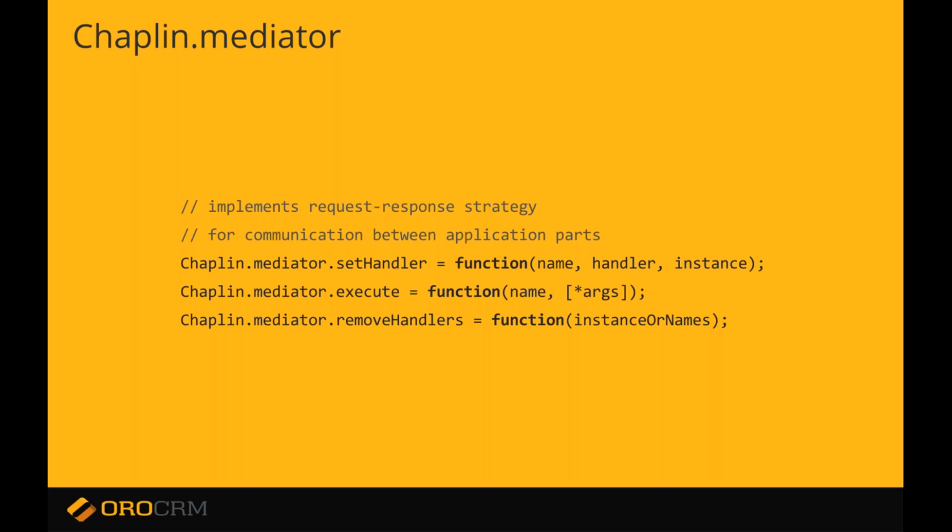This approach allows us to decrease coupling between modules, so we don't know who exactly implements some certain handler, but we know that a handler exists and is accessible over the mediator. So it's pretty much the same as events, but only one handler might be declared and has to be declared.